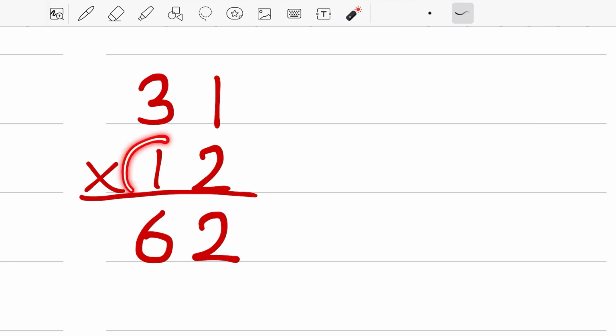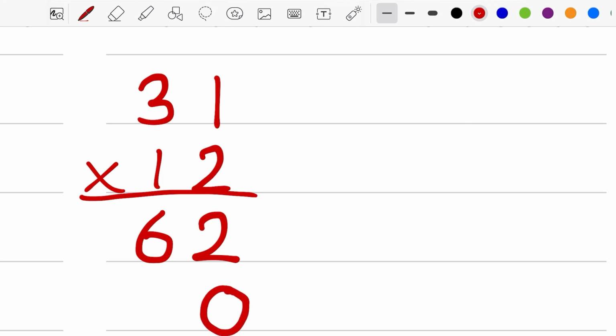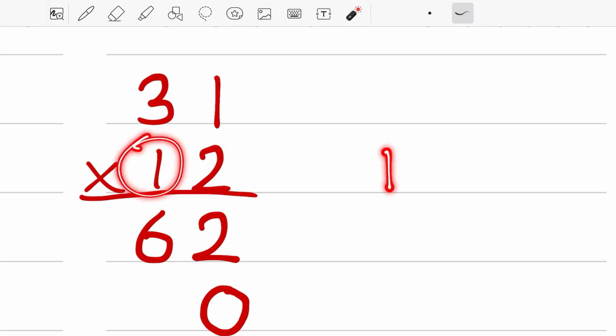Next, we are going to multiply by the tens number. Before we start multiplying, we must put a 0 as a placeholder because it's a tens number. Right? The 1 has a value of 10.